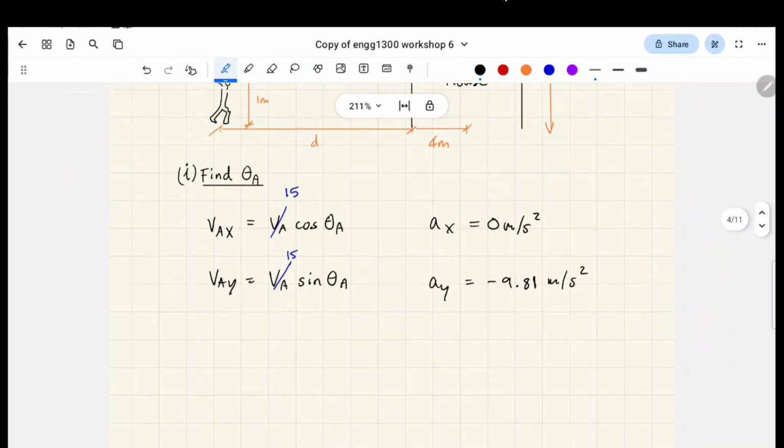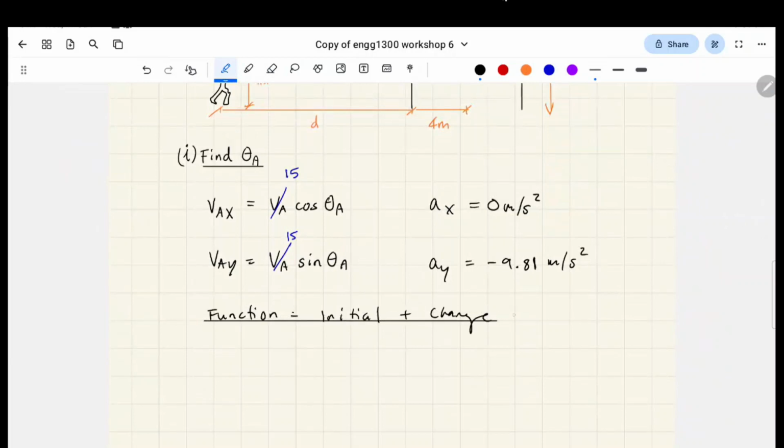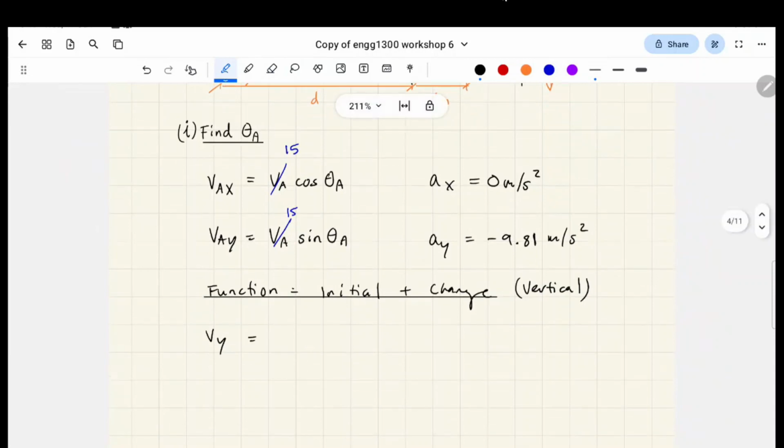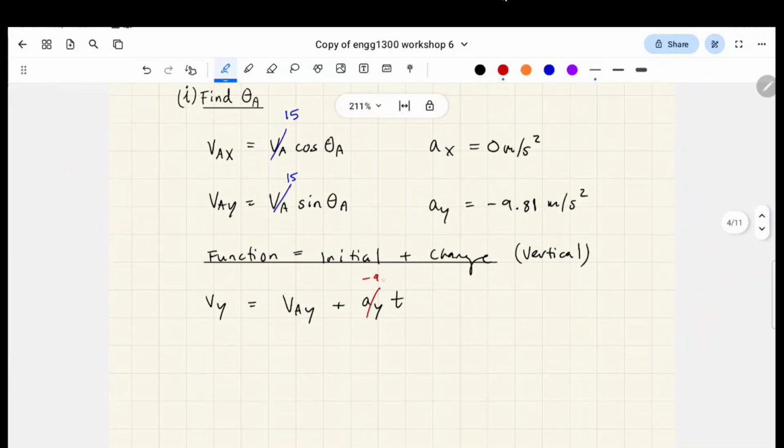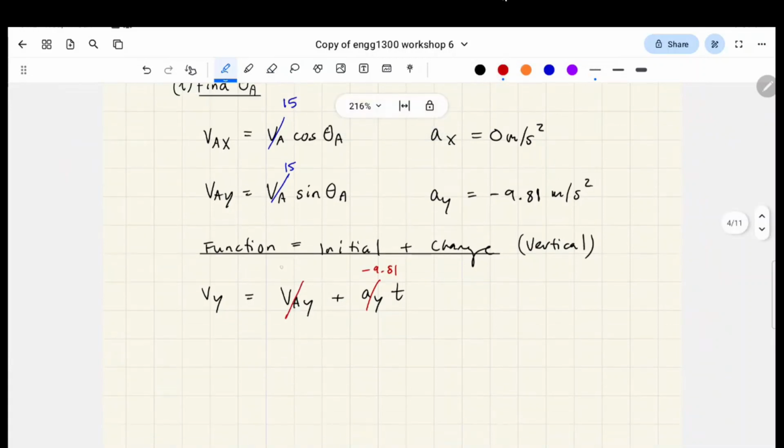First I'll derive my function, and this would be the vertical direction. I'm just subbing in all of the things that I already know.